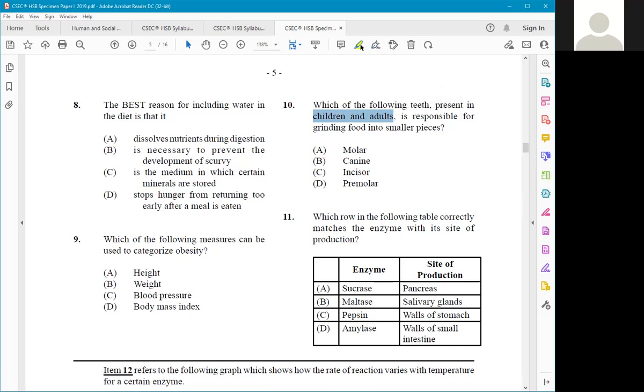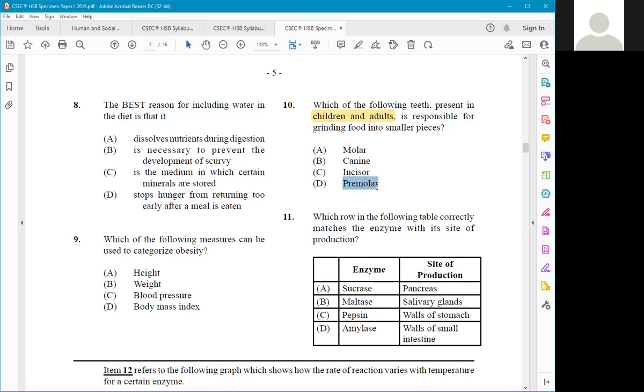When you say children, you need to consider that most children do not have molars yet. They're still on their temporary teeth. But it's children and adults, so children don't have molars, but they have premolars, and adults do have premolars. So the correct answer is going to have to be D.